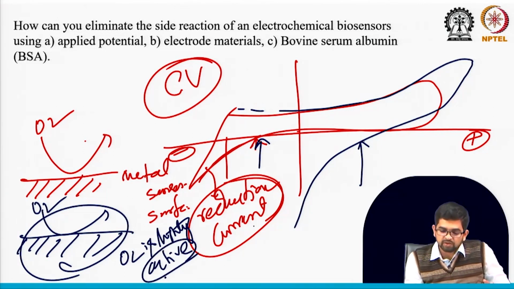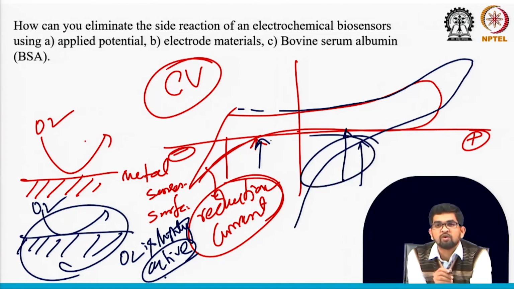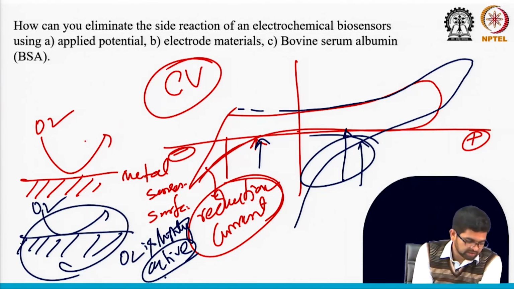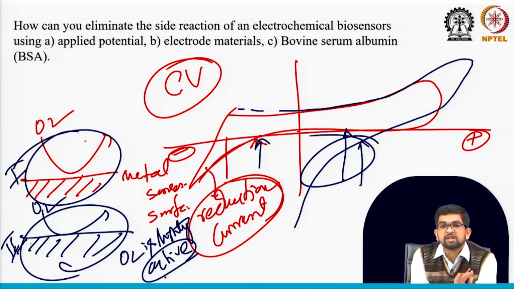So if you apply this potential for your biosensor, oxygen will show its contribution. If this is sensor surface number 1, and this is sensor surface number 2, then number 2 is not good for biosensor development because of this oxygen side effect.